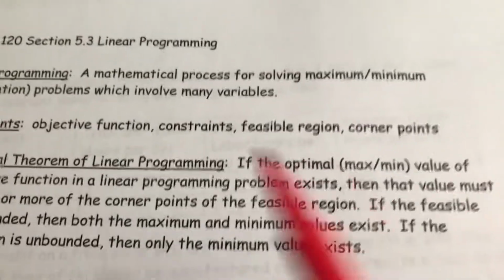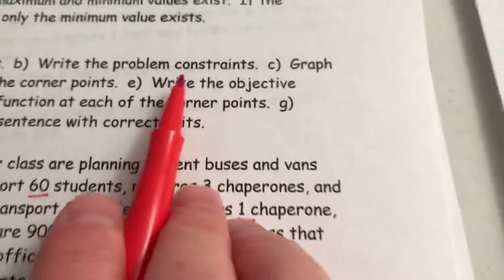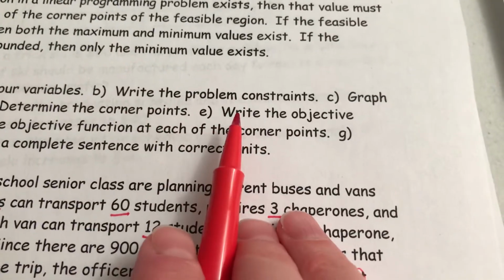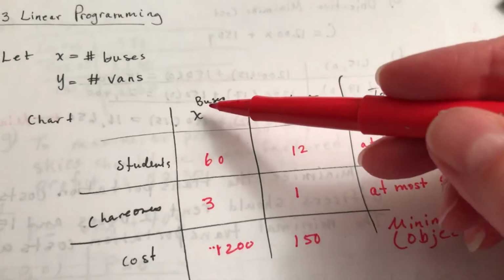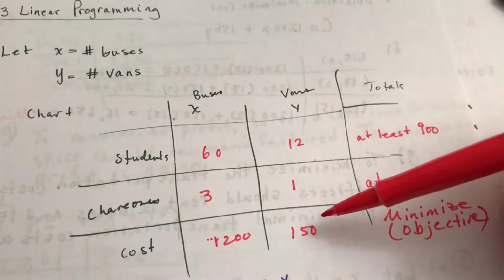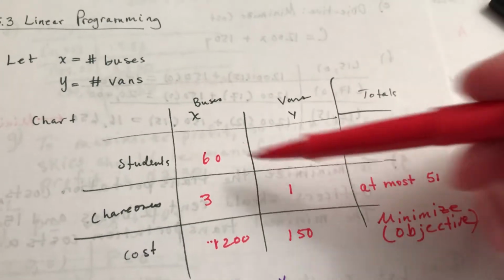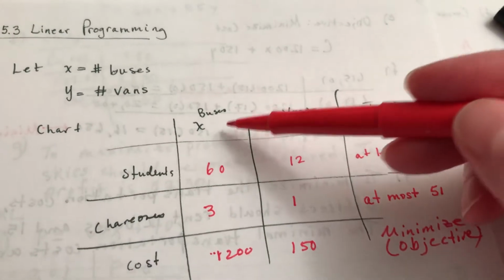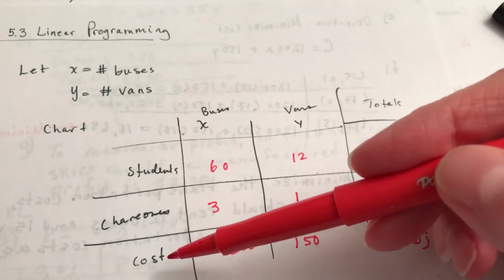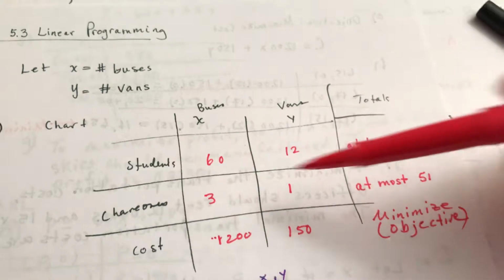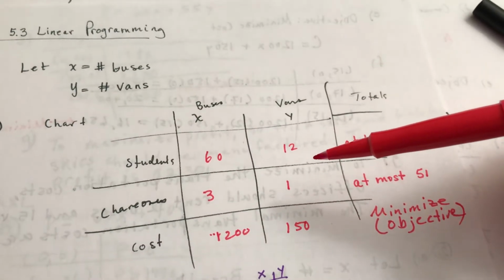And let's see what B says. B says, write the problem constraints. Now these are the inequalities. So first of all, I'm going to look at my chart. And remember the chart, X and Y are the column headings, my buses and vans. And then here are the row headings.